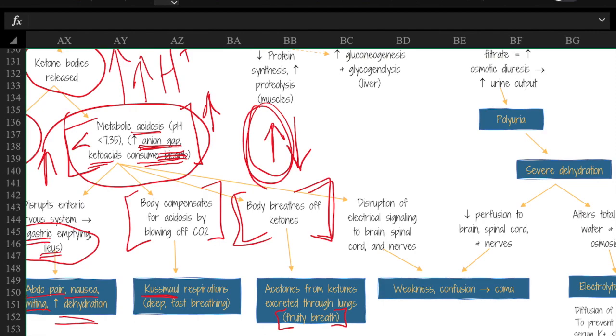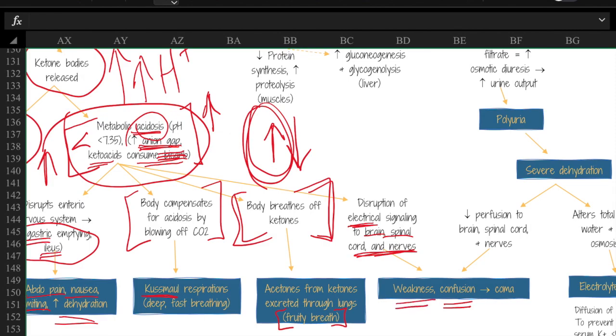Okay, so one of the other things that's going to happen as a result of this acidosis is we have a disruption in the electrical impulses moving between the brain, the spinal cord, and the nerves in the body. And this is why patients who are in DKA will seem fairly confused and their muscles are weak.